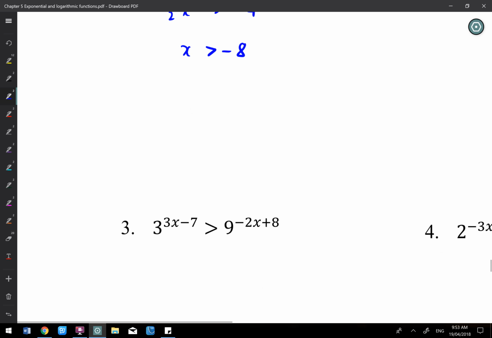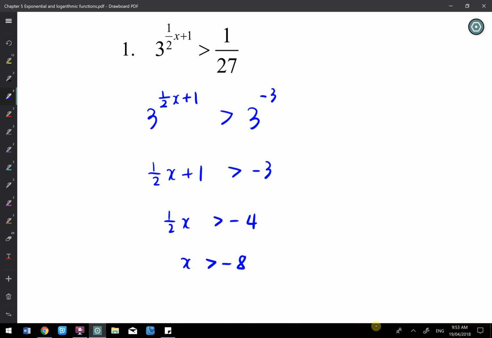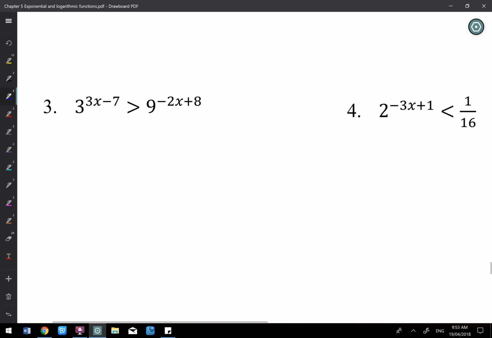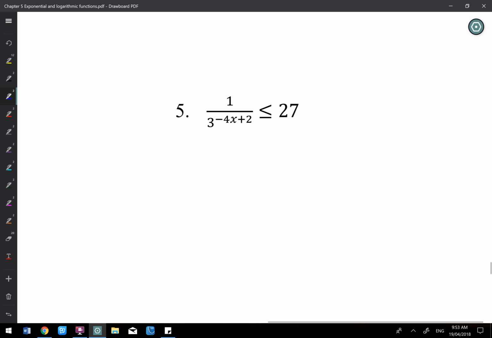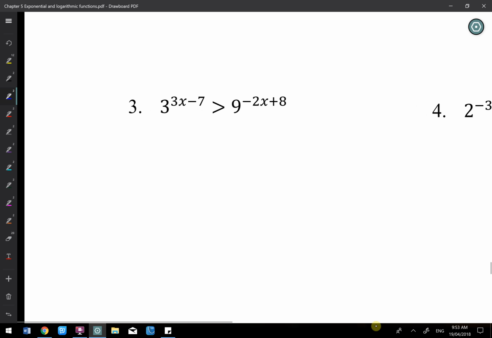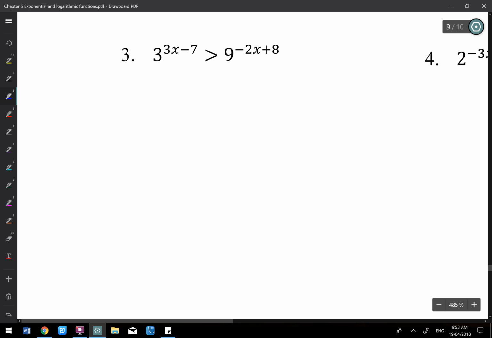Okay, I'll skip 2 first because 2 is the most complex one for exponential inequality solving. Let's do 1 and then let's do 3. That's 3 to the power of 3x minus 7 greater than 3 to the power of 2, and then to the power of minus 2x plus 8.